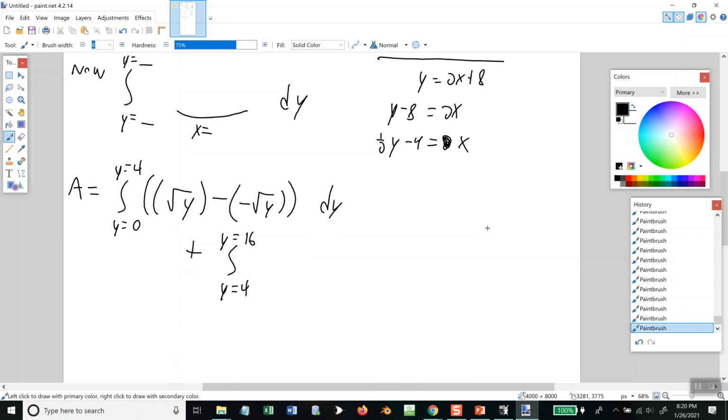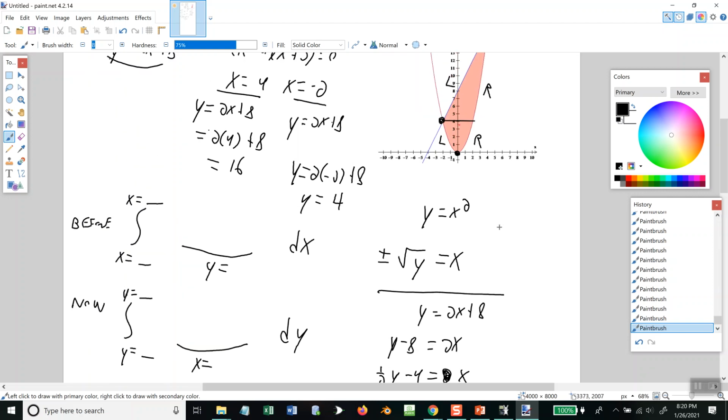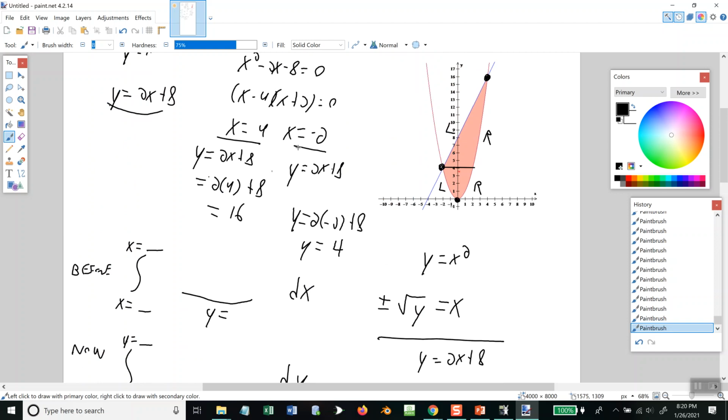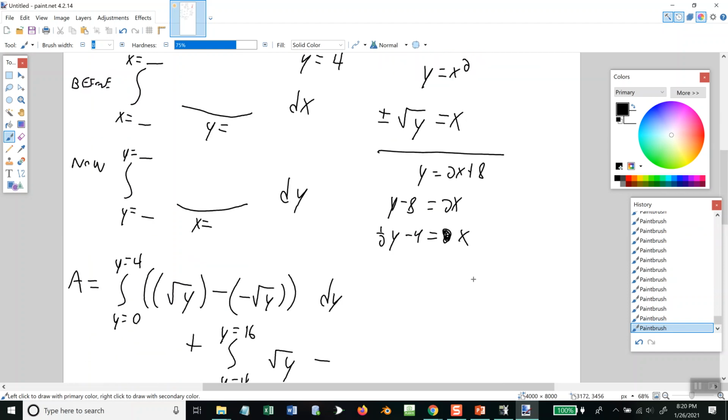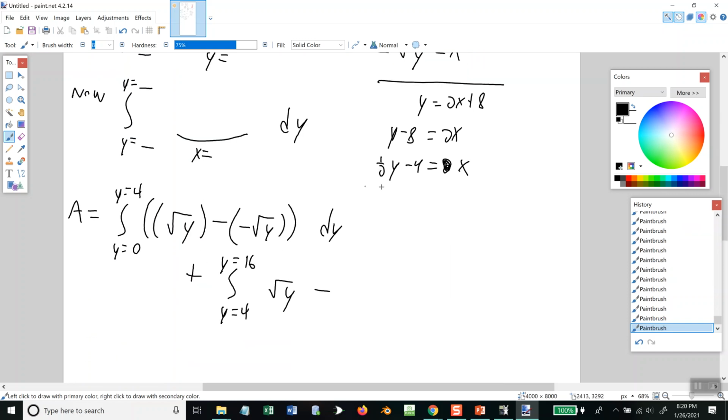So this will be the square root of y minus, and the left side is the line, which, when we solved it for x, yeah, so we'll have 1/2 y minus 4, and then dy.